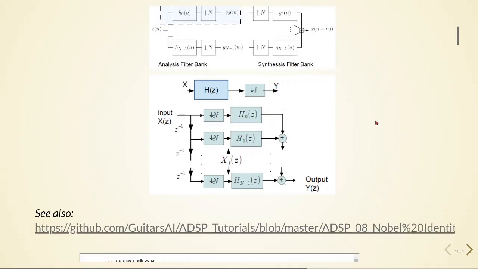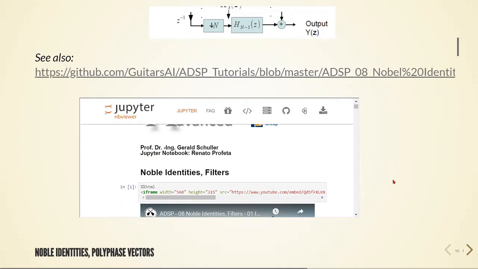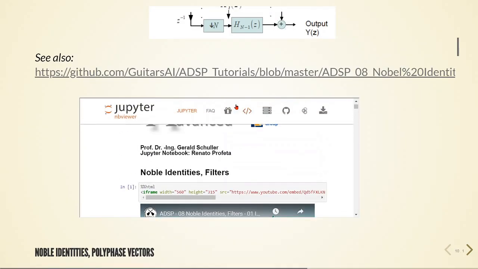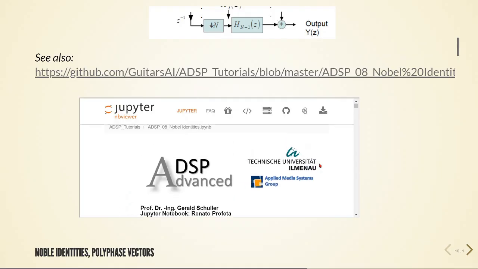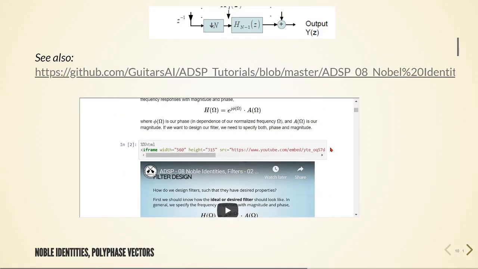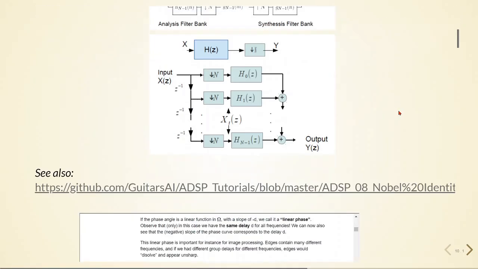You can have a look into a detailed class about the noble identities and filters from our advanced digital signal processing course, also given by Professor Schuller at the TU Ilmenau, and we also have the notebooks and tutorials.